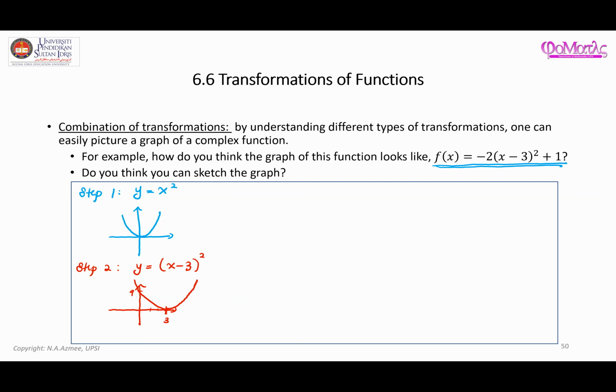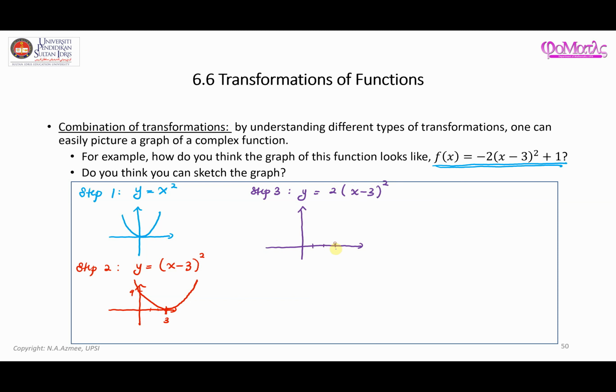So okay, next is step 3, where I will introduce a factor 2 outside this function. So I'm going to have y is equal to 2 times x minus 3 squared. So my graph will actually be vertically stretched.